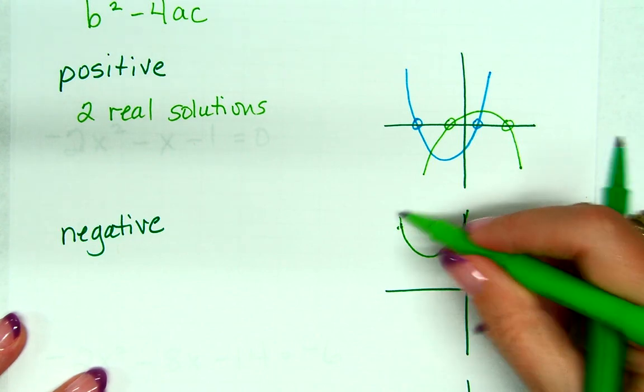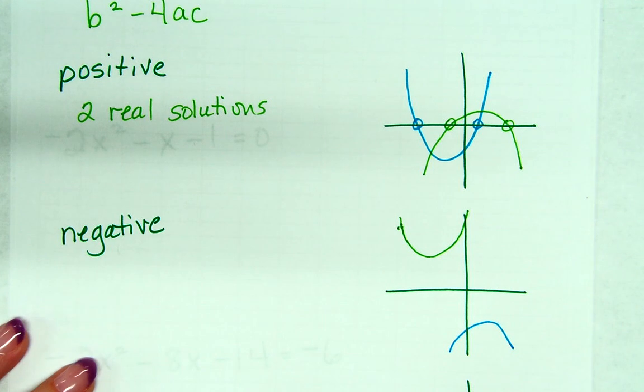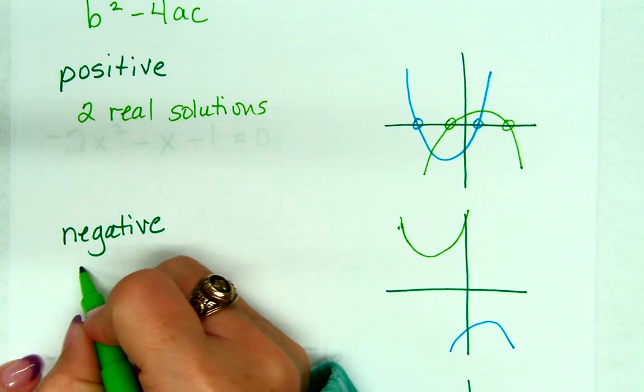Doesn't hit. So it can open up or down, but it doesn't touch the x-axis at all. So if it doesn't touch the x-axis at all, how many solutions are there? None. 0. This is a quadratic though, right? How many solutions am I supposed to have? 2. Yeah. So there's still 2 solutions.